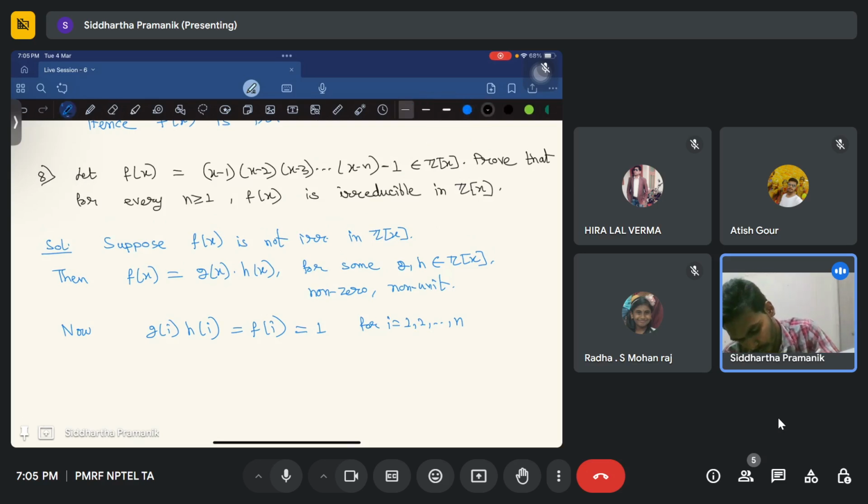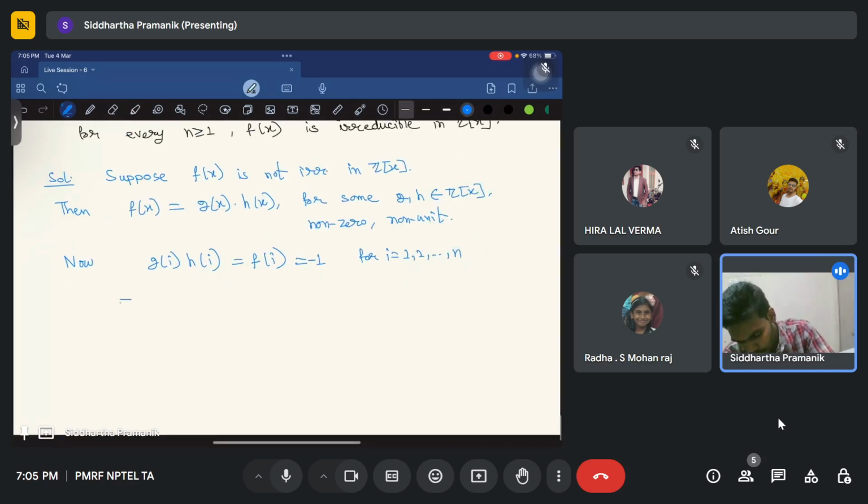So g(i) equals minus h(i) for i equals 1, 2 up to n. Now that will imply g(i) plus h(i) equals 0 for i equals 1, 2 up to n.